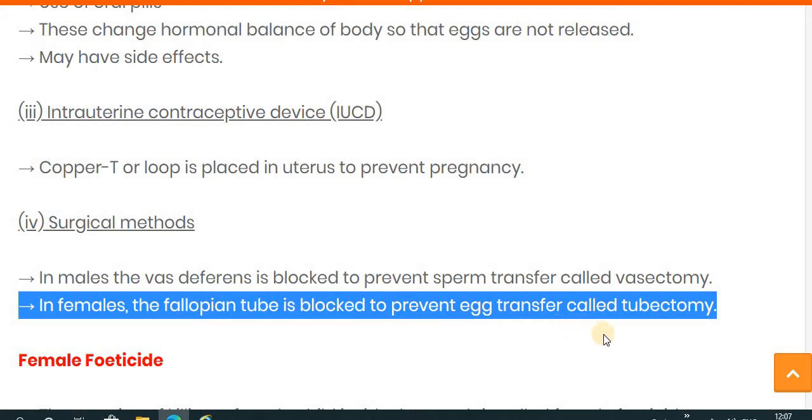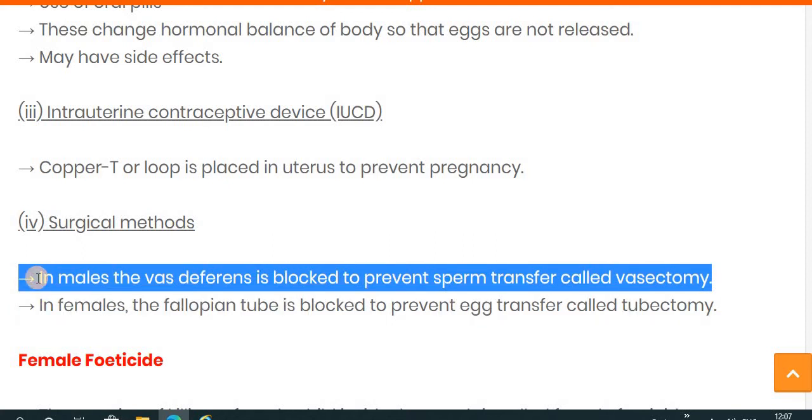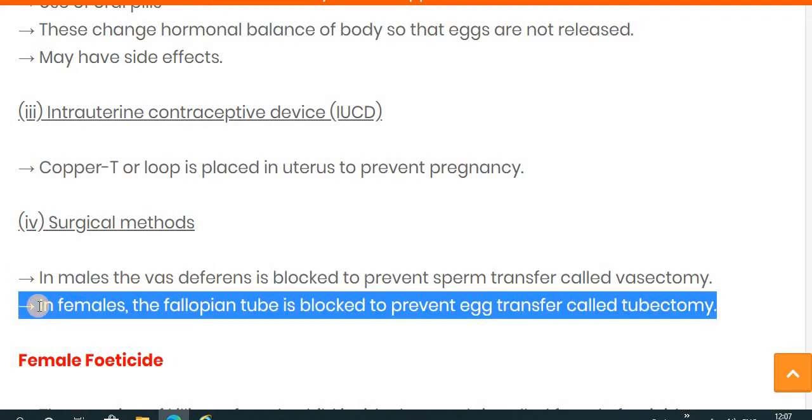This is called the tubectomy. So in the male, the vas deferens is blocked to prevent sperm transfer, called the vasectomy. And the second one, in the female, the fallopian tube is blocked to prevent egg transfer, called the tubectomy.